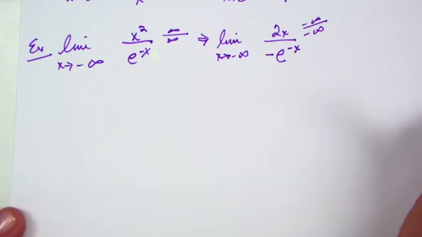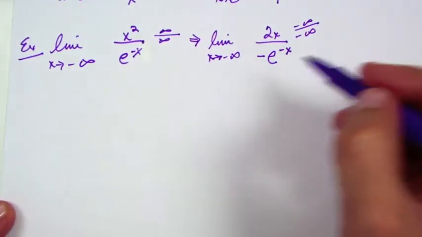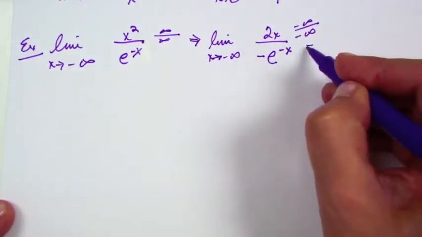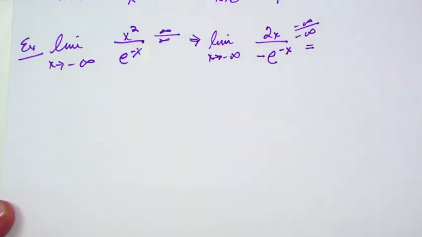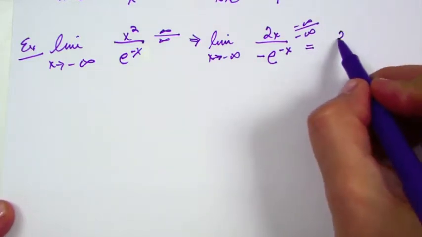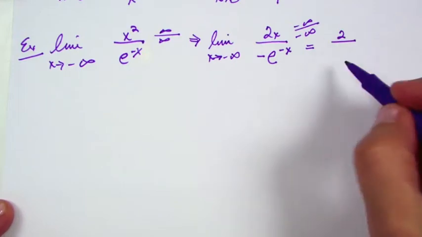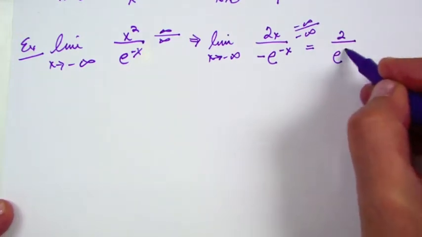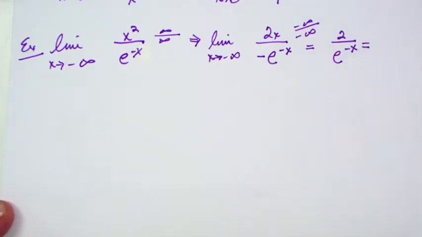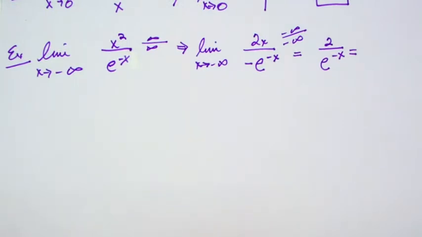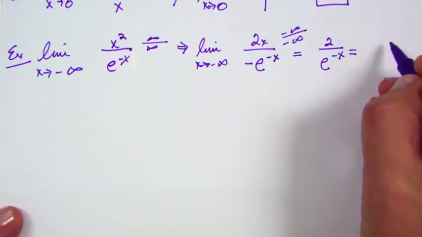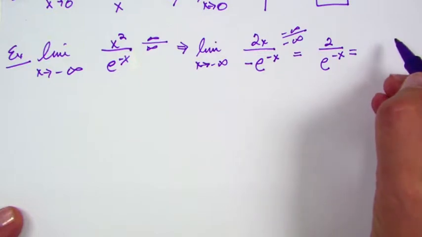Which says that I can do it again. Okay, derivative of the numerator is 2. Derivative of the denominator is e to the negative x. So what is the answer? 2 over infinity, which is 0.